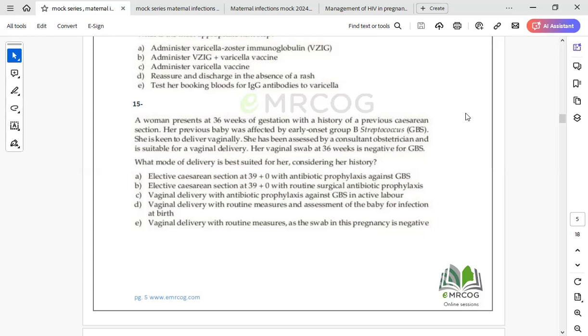Okay, so what are you going to do here? The patient came out to be negative. The consultant said that she is okay for a trial of vaginal delivery.